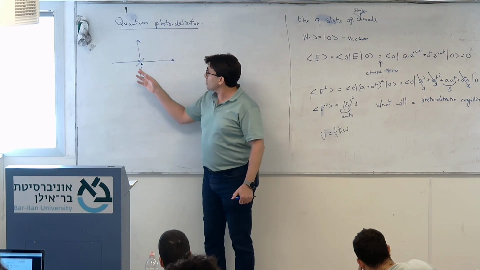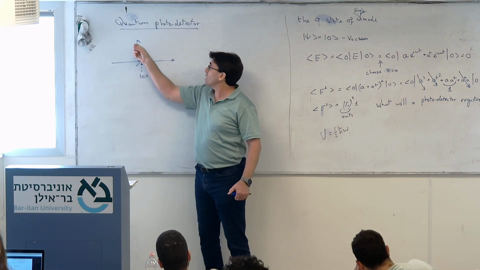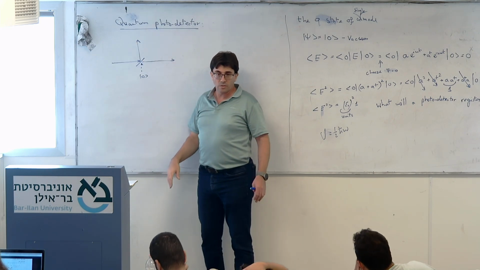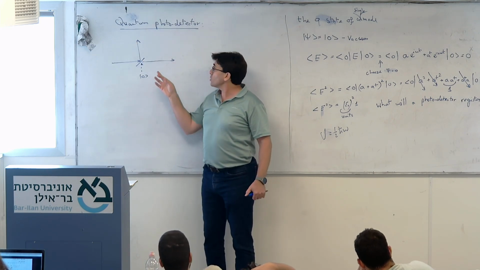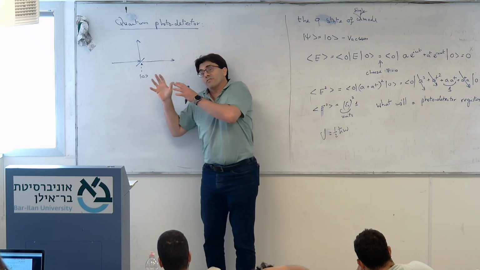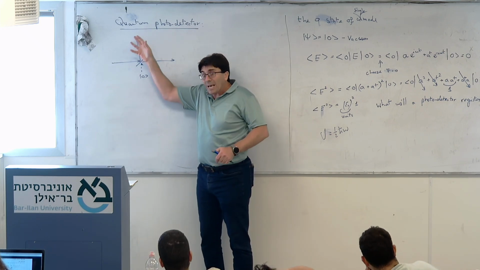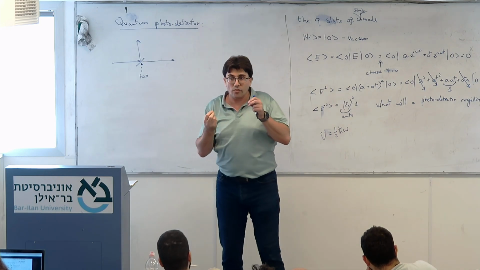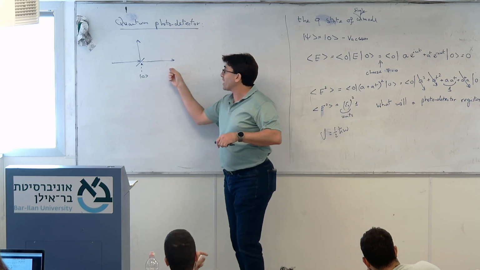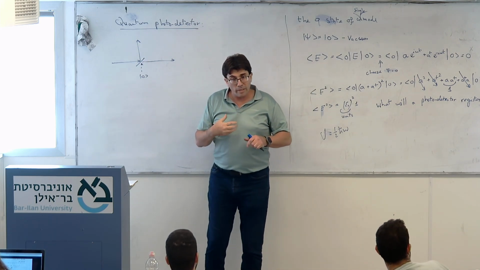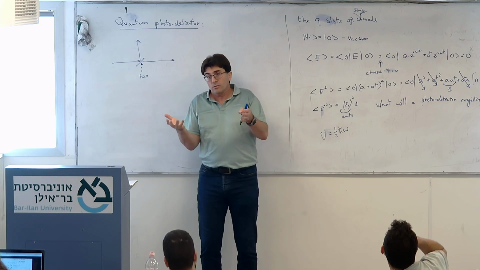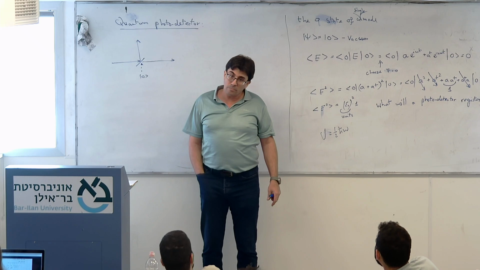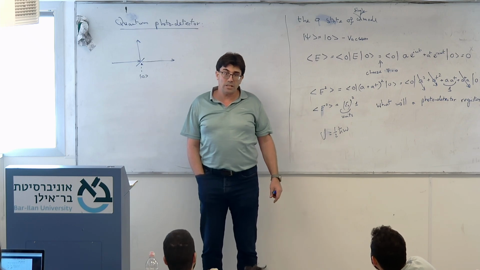If you throw in A, here you'll have A over square root of 2, and here A over square root of 2, perfect copies. Quantum mechanically, no, because here you have A plus whatever vacuum is doing, and here you have A minus whatever vacuum is doing. So this introduces differences, and you don't know what that vacuum is. So those two copies are no longer equal. They're not identical anymore.